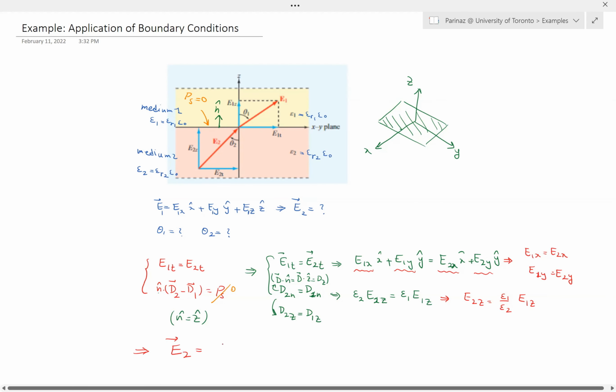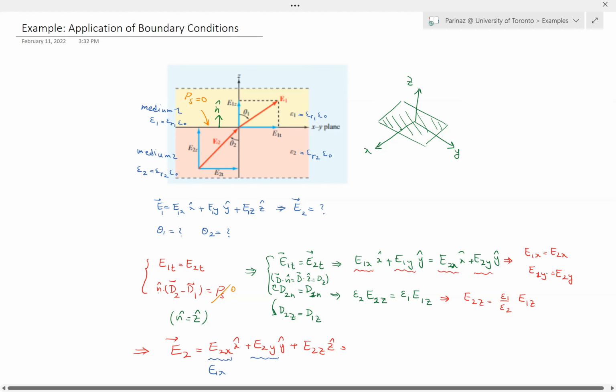Great, we found E2 basically. Let me start from the beginning here. E2 is basically E2x x hat plus E2y y hat plus E2z z hat. That's the representation of a vector in the Cartesian coordinate system. Now we found out that E2x is equal to E1x, so I'm going to put this as E1x.